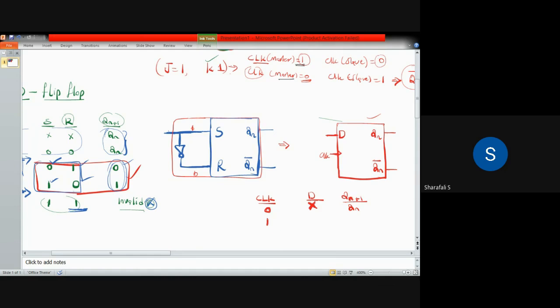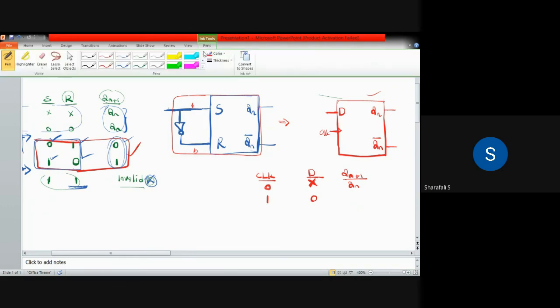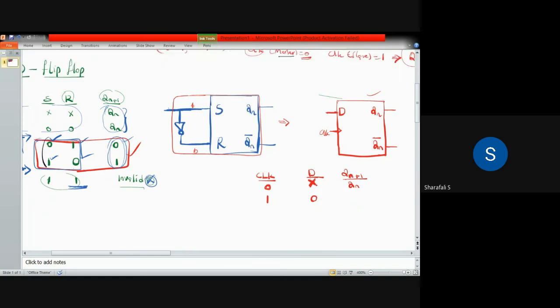And when your clock pulse is 1, now your flip-flop is active. Then it also depends on your inputs. So consider D equal to 0 and D equal to 1.